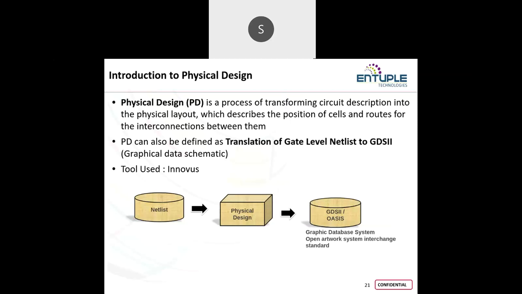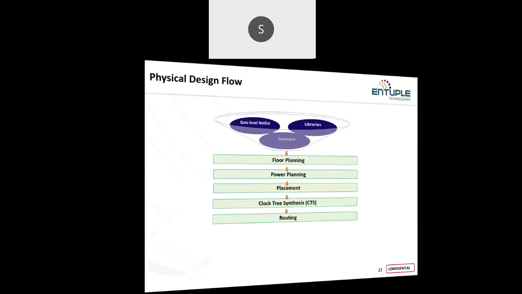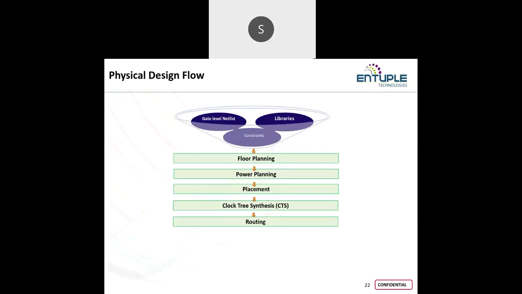So coming to the next stage, the physical design flow. It is the back end of the ASIC flow, usually called the physical design flow. The physical design implementation is also one of the stages in the ASIC design flow, and it is also known as the place and route stage.